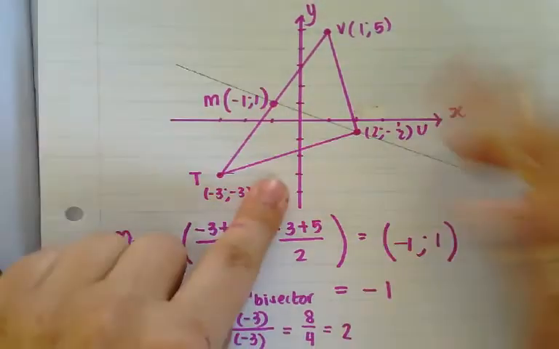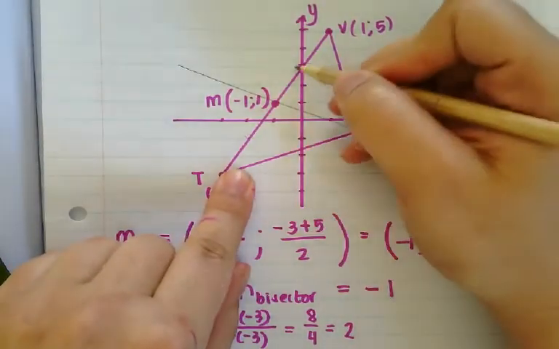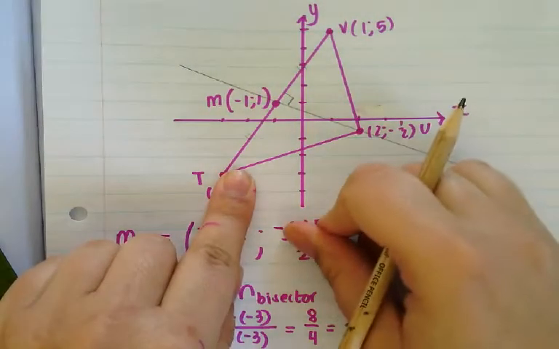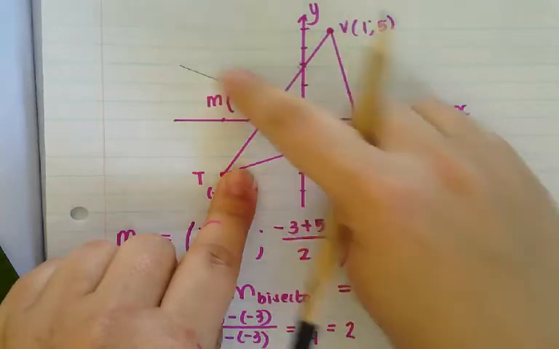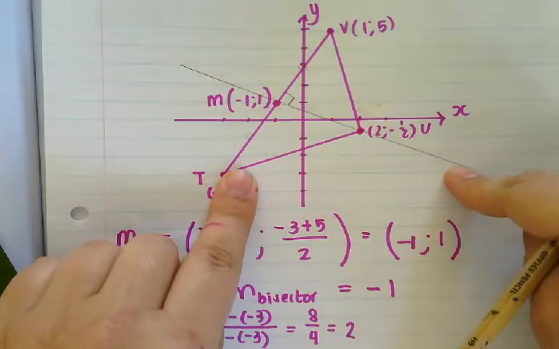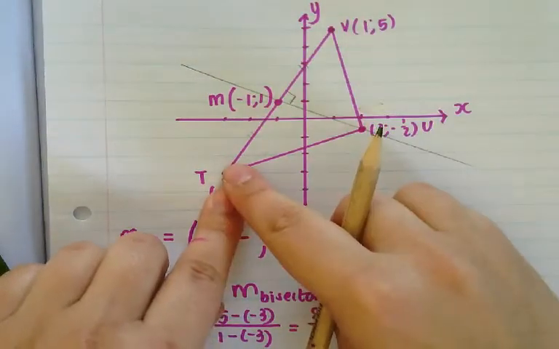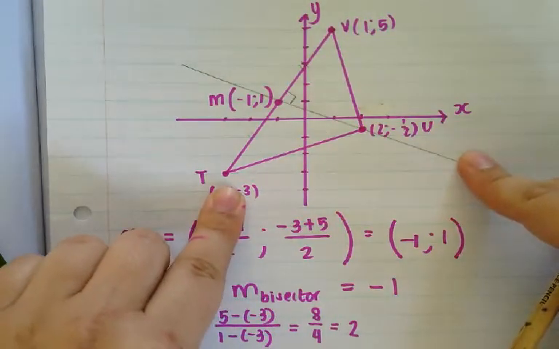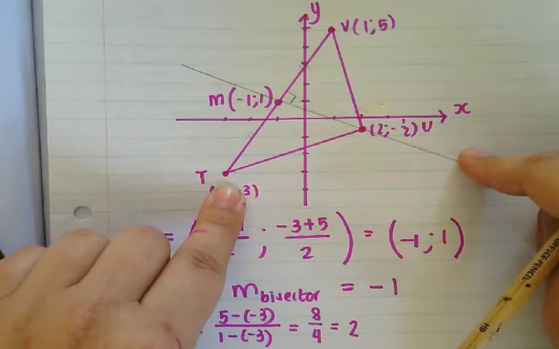So it's cutting it in half, so that is equal to that, okay? But it's also cutting at 90 degrees. So if I wanted the gradient of this line, I know that it's at 90 degrees to this line. So this gradient of TV times that gradient of the bisector must equal -1.